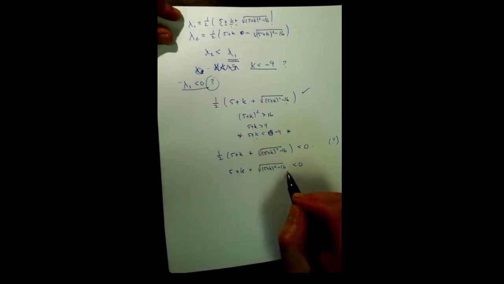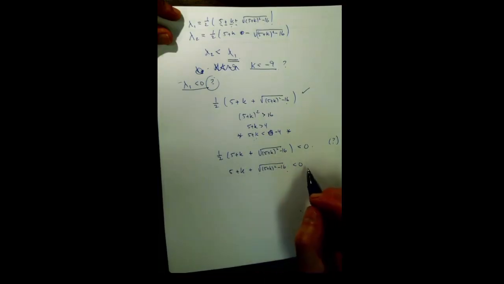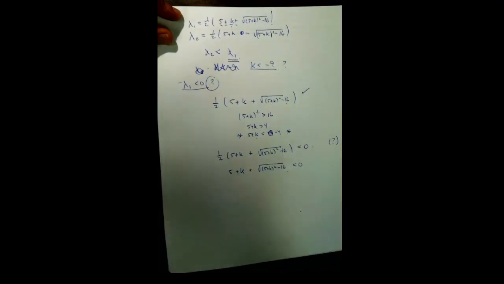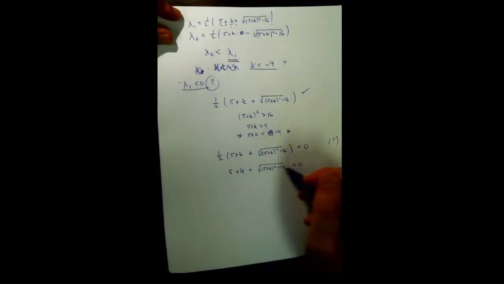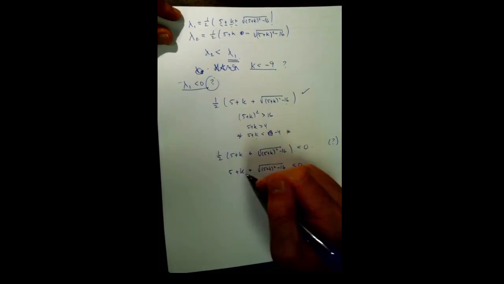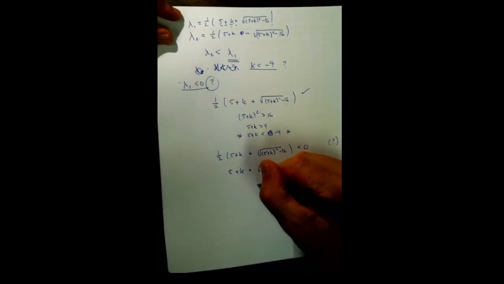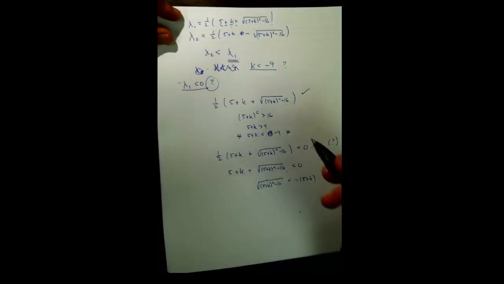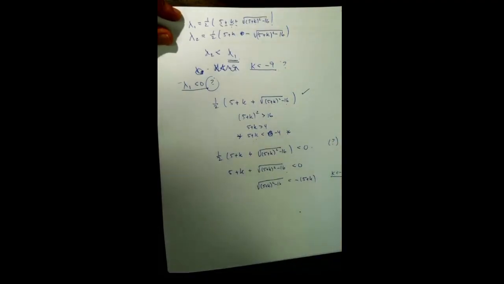All right, so this is positive. I want to work with positive things because then when I square them, I don't get weird negative positive issues. So let me subtract 5 plus k from both sides. Okay, again, I know k is less than minus 9. That's my assumption.